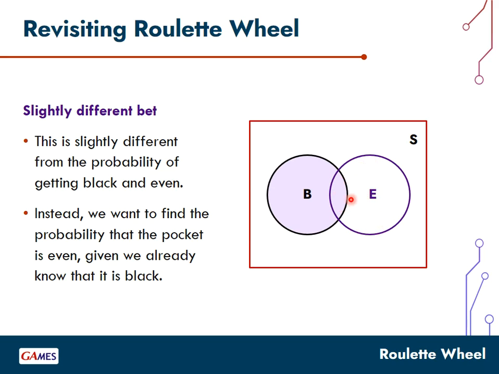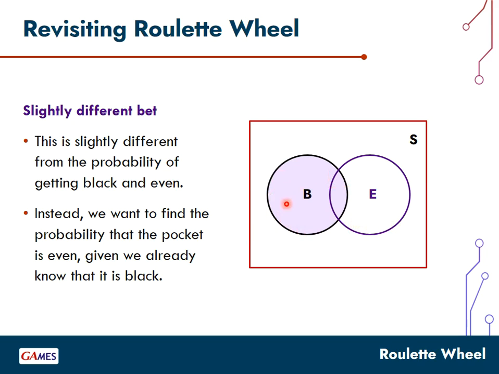But given that the sample space is just this black, so take away all this diagram and everything outside black. Simply take away black prime, the complement of black. That's everything outside black. We're not going to be considering that.